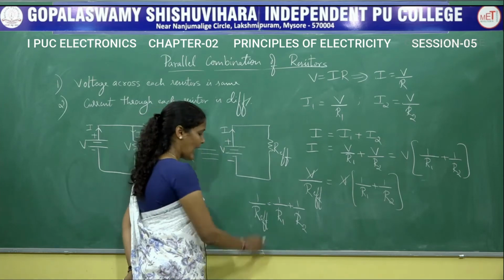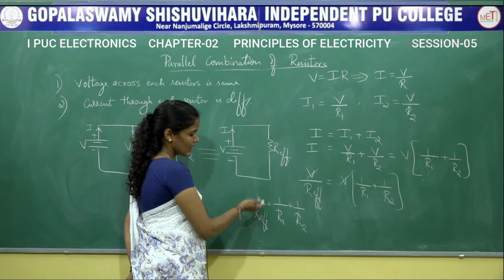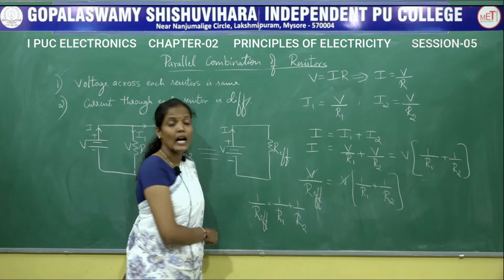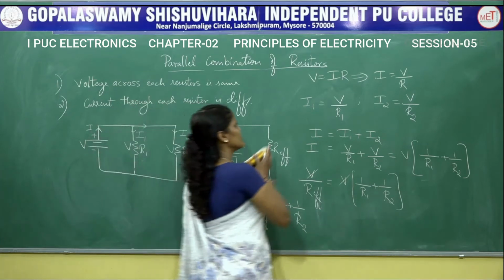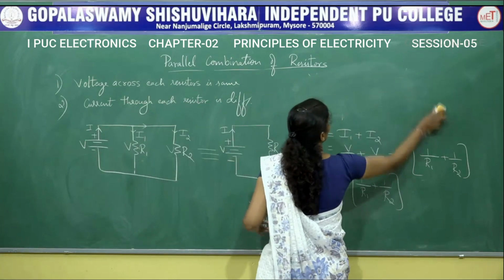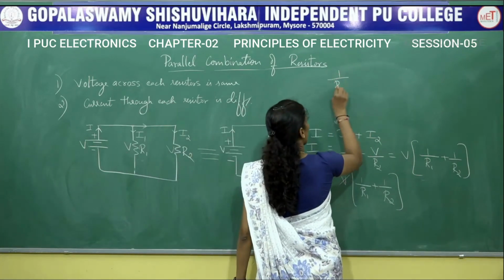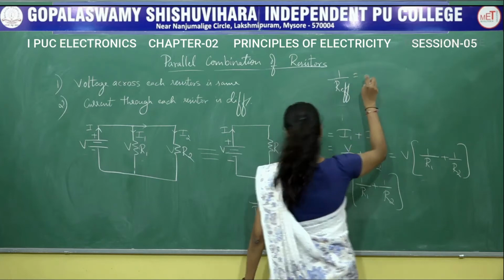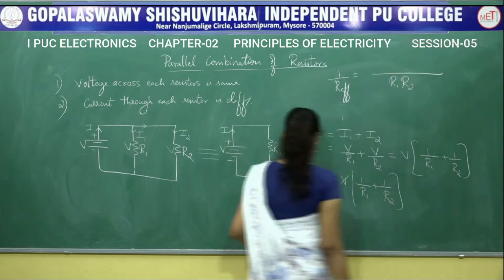Right? But I want R effective, and in this expression I have got 1 by R effective. So we are going to take the LCM on the right hand side. 1 by R effective is equal to R1 into R2 as the LCM.